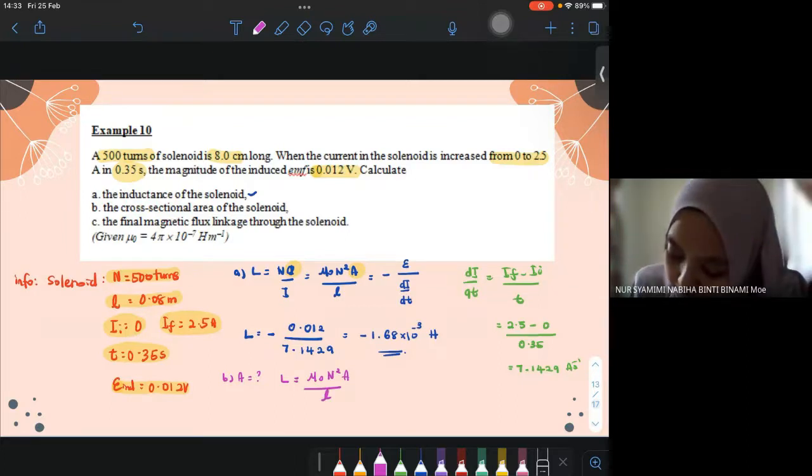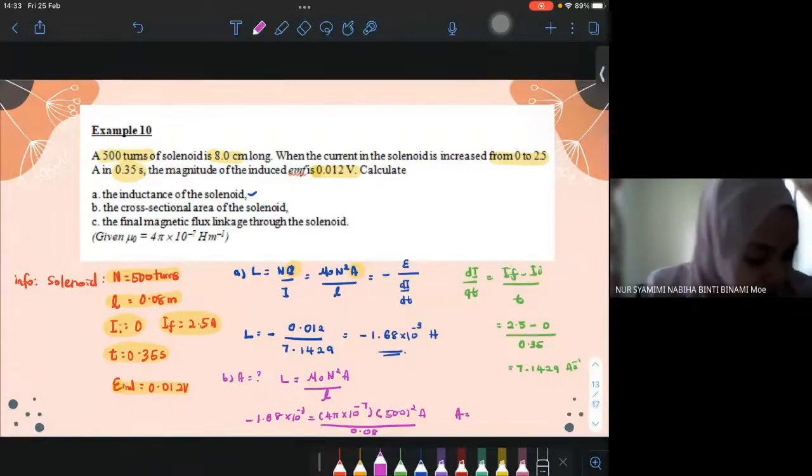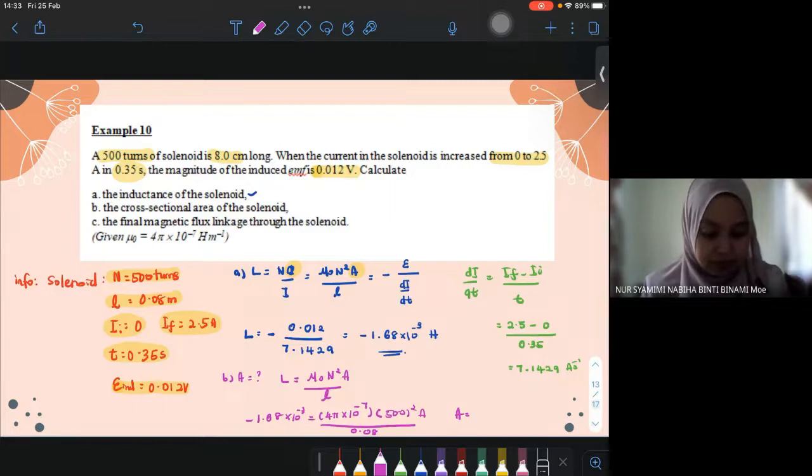Okay, we already have L, negative 1.68 exponent negative 3, mu naught ialah 4 pi exponent negative 7, n is 500 square, area kita nak cari, length ialah 0.08. So berapakah area? Tolong saya kira dulu ya.